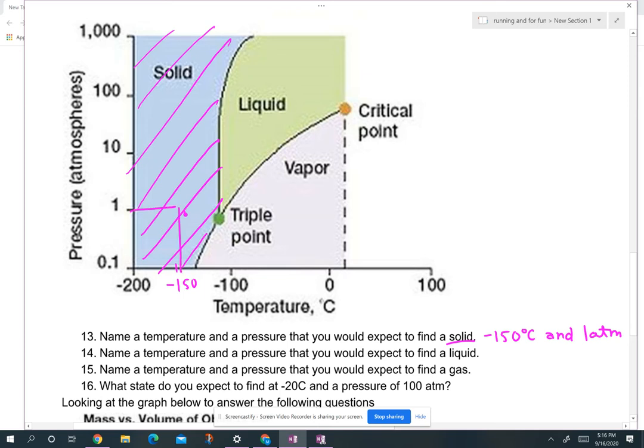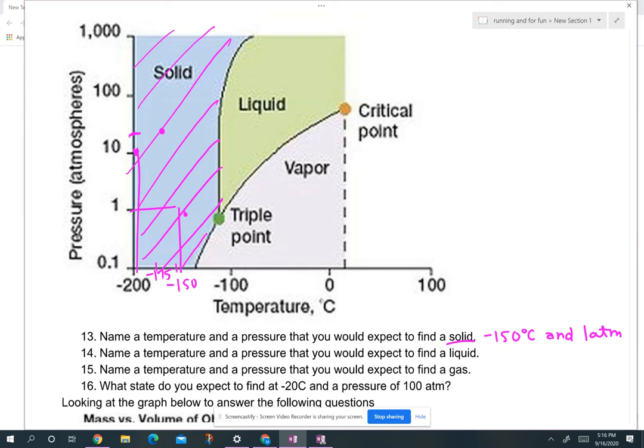Another place I would find a solid is negative 210, right? That is another place. I can even say negative 175, right, which is somewhere in there. And then let's say 12, which is somewhere in here, and that could be another place I find a solid.